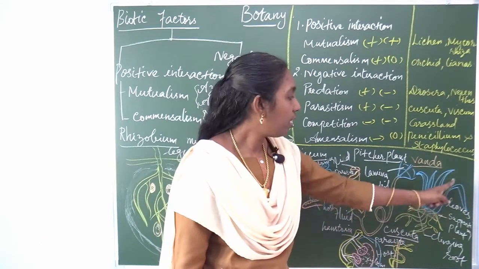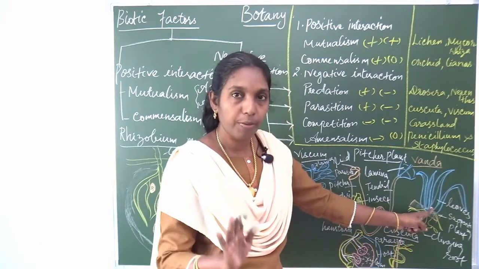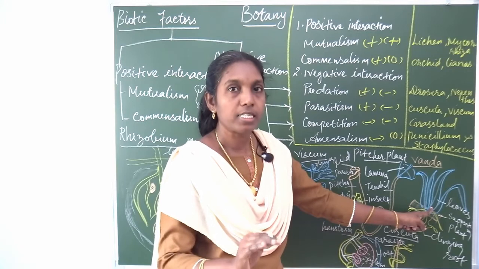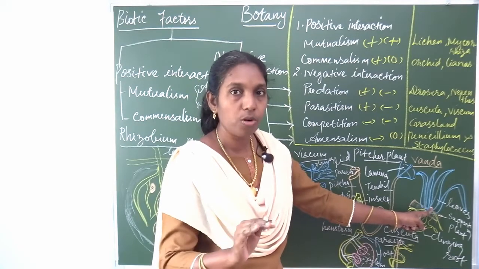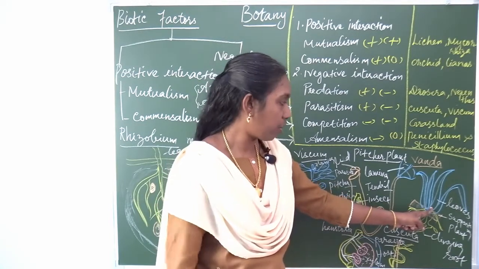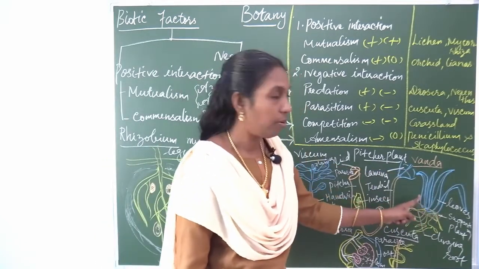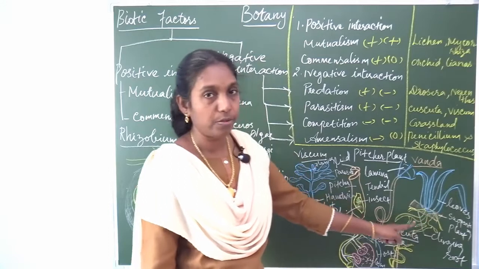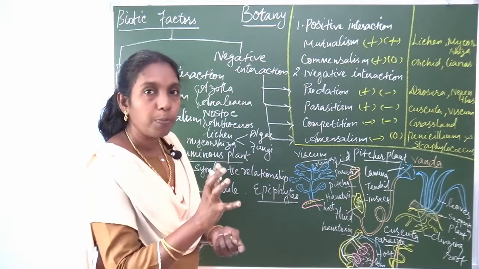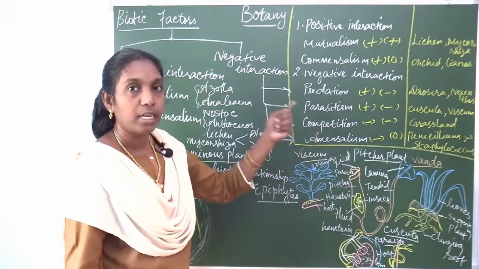The leaf color is green, so chlorophyll pigment is there. These plants synthesize their own food because photosynthesis takes place in the green leaves. But only for support it needs another plant.